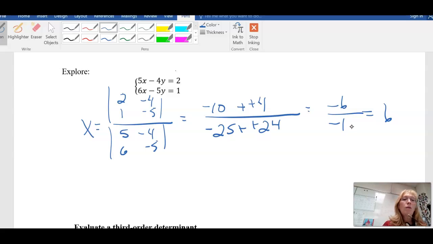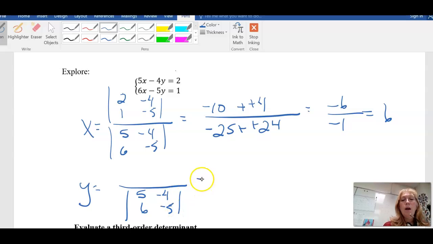Now remember, solving for Y, the denominator doesn't actually change, so we don't have to redo that one. So when we go through here, we are going to have Y equals, so I know my denominator is negative 1. We'll write it out just so we're okay. 5, 6, negative 4, negative 5. That does not change. I already know that that's equal to negative 1.